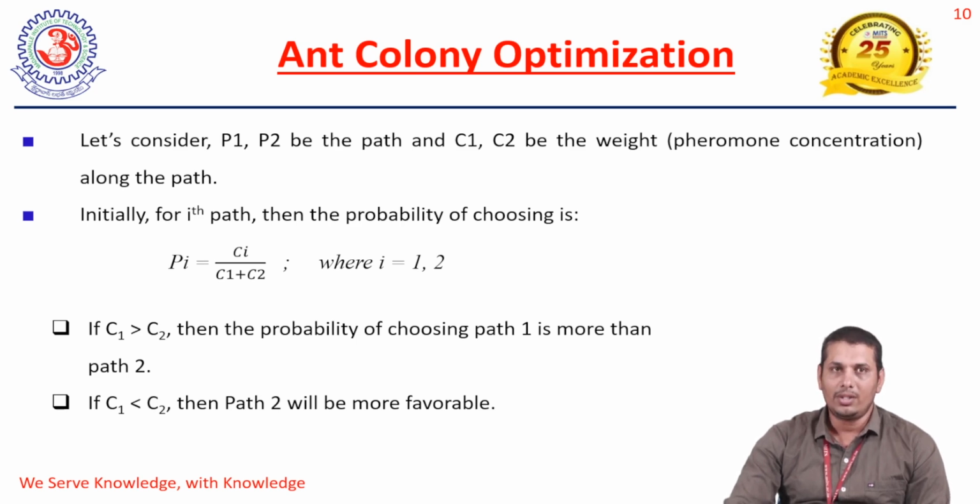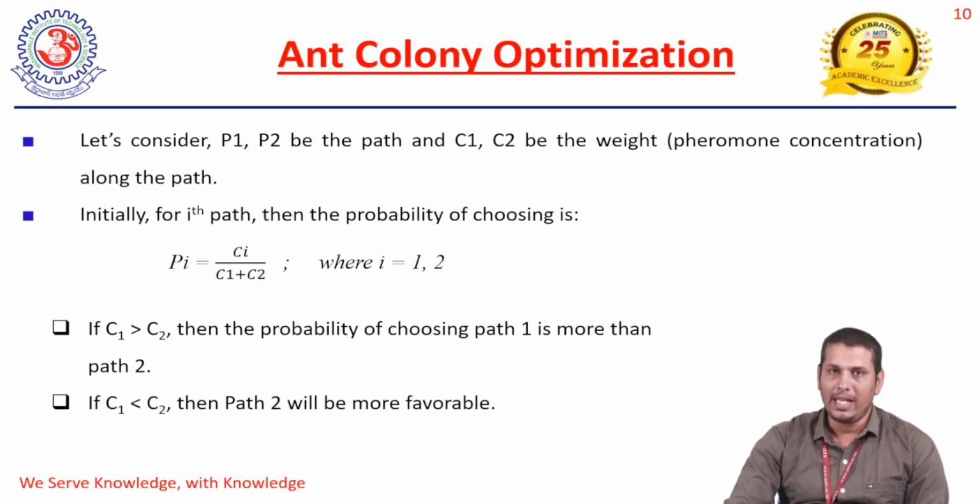So along the path, initially the ith path. Here i is considered as any path. In P1 and P2, I am going to identify any path, either path 1 or path 2. So for the ith path, the probability of choosing the best or the efficient path is Pi equal to Ci divided by C1 plus C2.